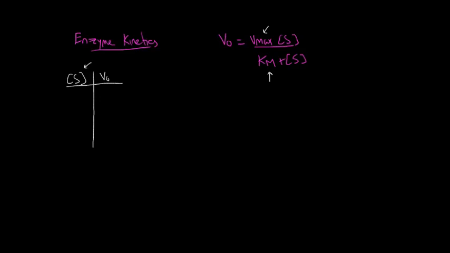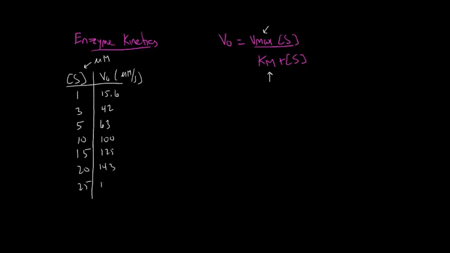Our substrate concentration is all in micromolar, and our V naught is all in micromolar per second. These are values that you will be given because you have determined them in an experiment in lab. Okay, so here are our values. Our goal then is to take these values and determine exactly what Km and Vmax are.